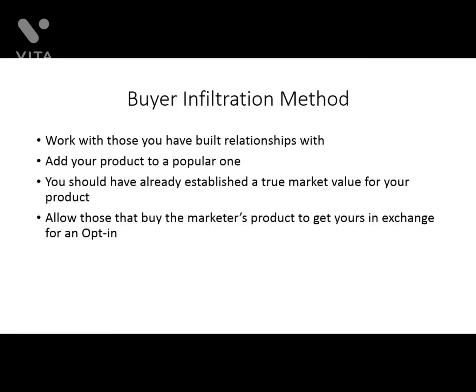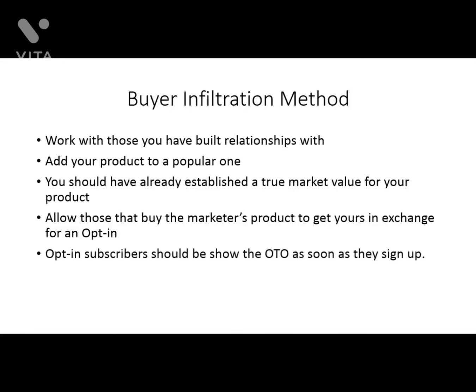So now, as soon as they opt in, you're going to send them direct to the OTO. You'll already be getting them to be part of your list, because they don't get the product unless they opt in. They've got to complete the opt-in process in order to get access. So don't give them immediate access.